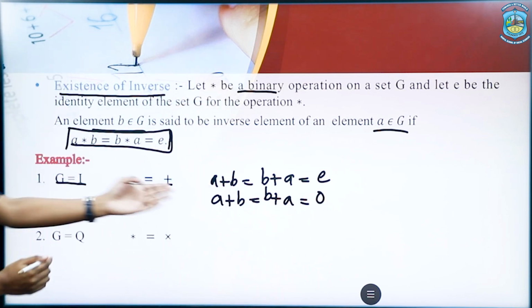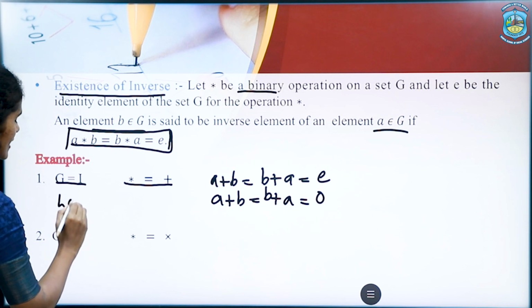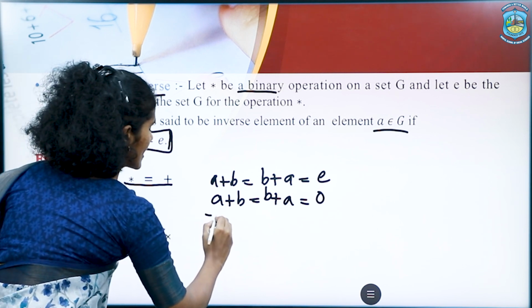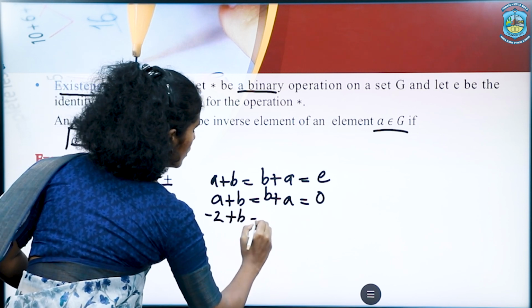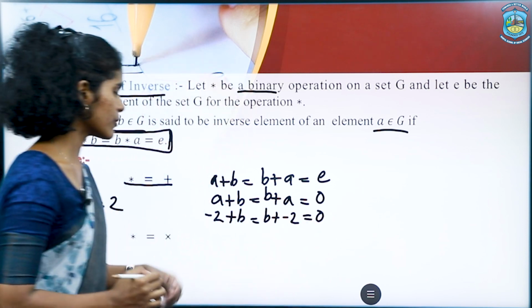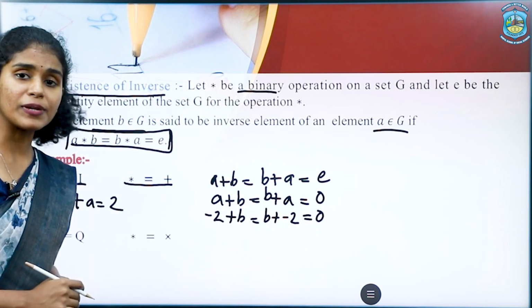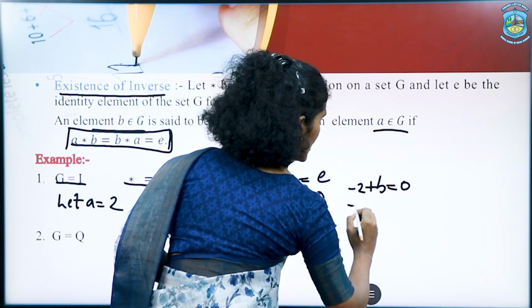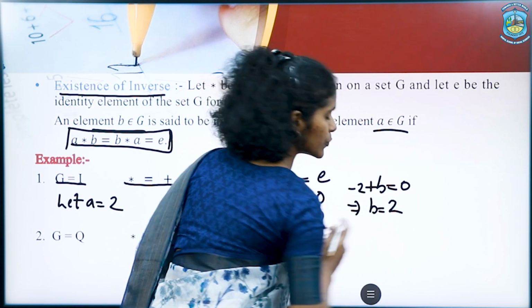Now let me give a value to A. Let A equal to minus 2, which is an integer. So I can write minus 2 plus B equal to B plus minus 2 equal to 0. What will be the value of B? Minus 2 plus B equal to 0 implies B equal to 2.